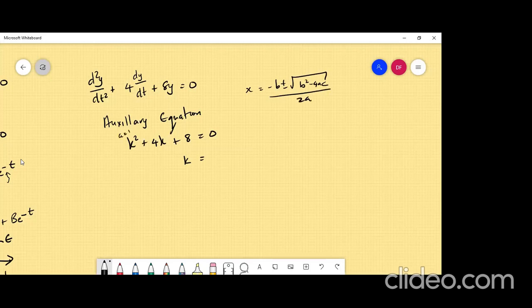So you get minus 2 plus or minus 2i. So therefore, y is going to be equal to a e to the minus 2 plus 2i t plus b e to the minus 2 minus 2i t.